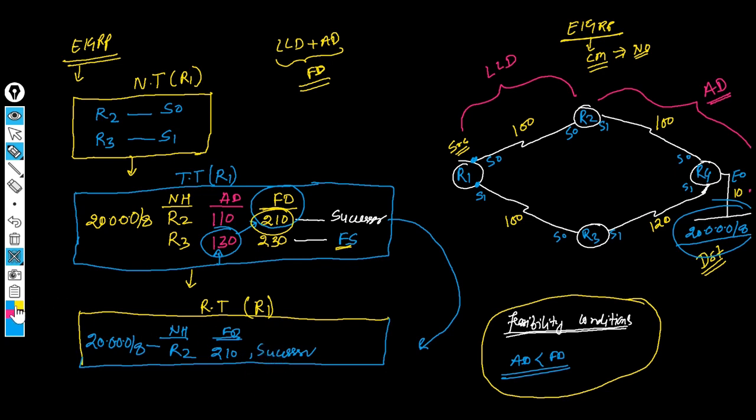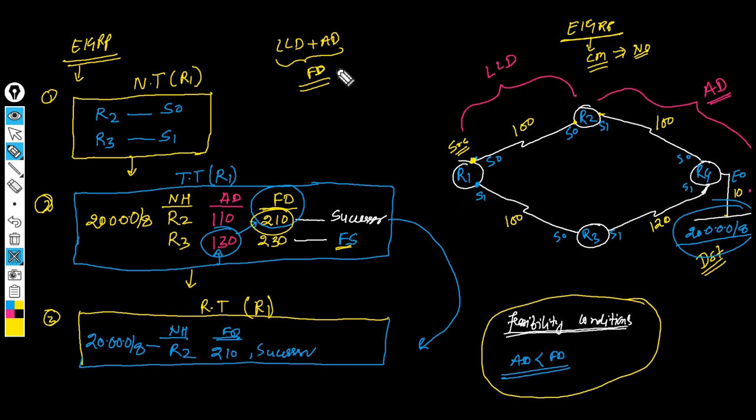So that's it. This is what your different tables are: neighbor table, topology table, and routing table. And the terminologies: from source to neighbor router is LLD, and from neighbor router till destination is considered as AD, and total AD plus LLD is equal to FD, feasible distance.